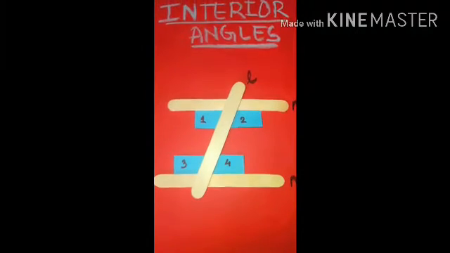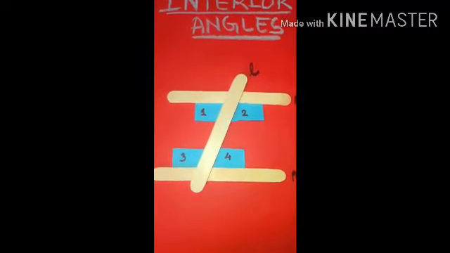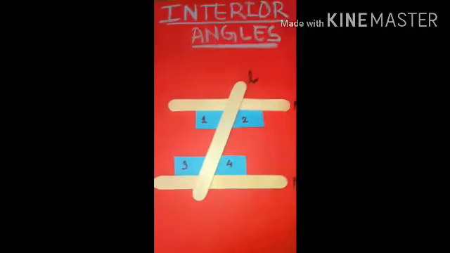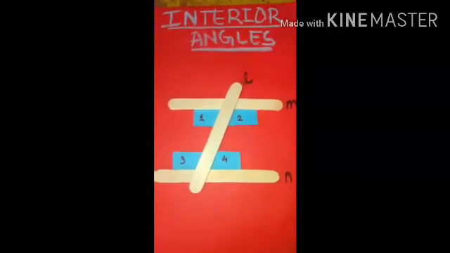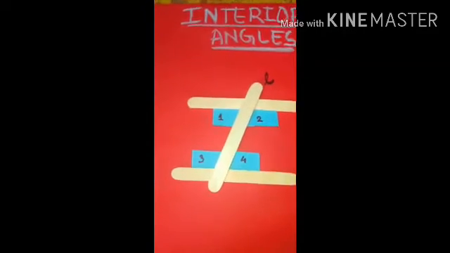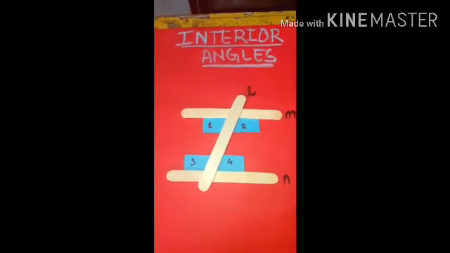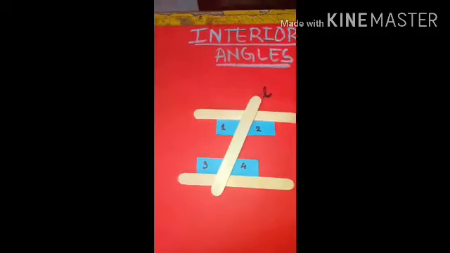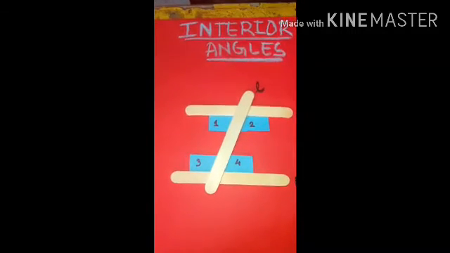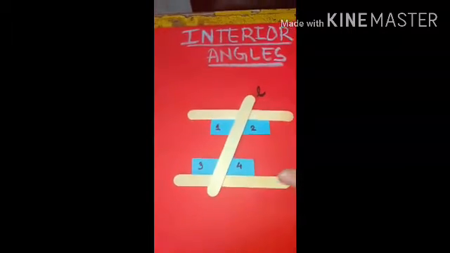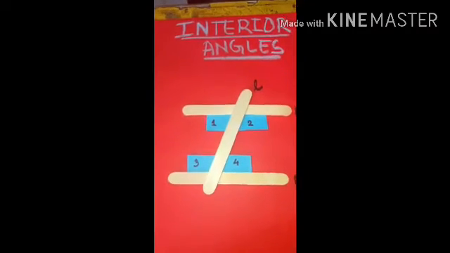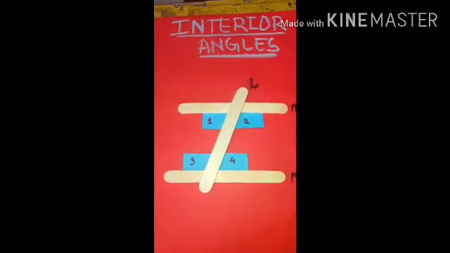Now we are going to see the interior angle property. As we know, when we are dealing with two parallel lines, that is line M and line N are two parallel lines and line L is the transversal. Whichever angles are formed on both sides of the transversal, which lie inside the two parallel lines, are interior angles.